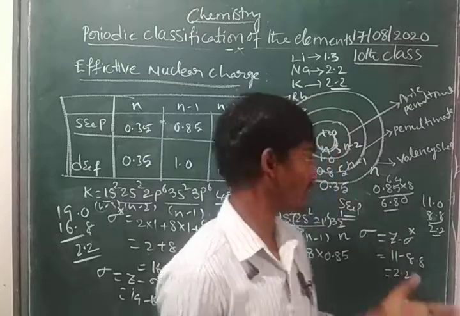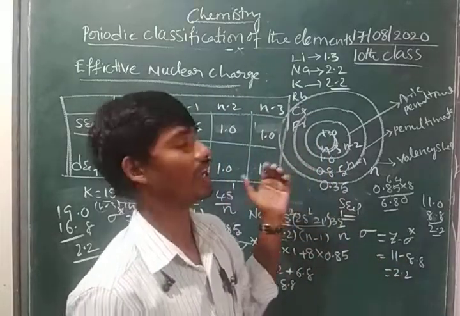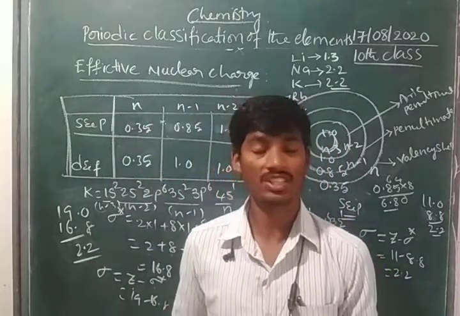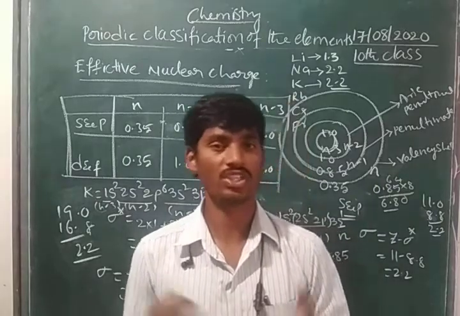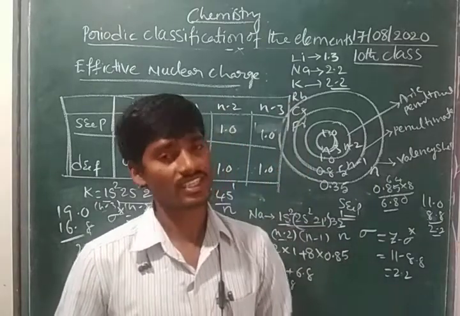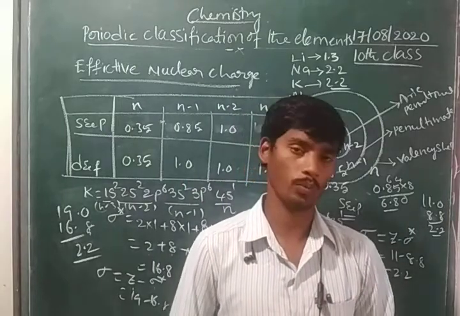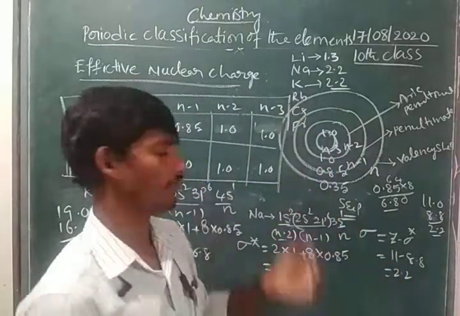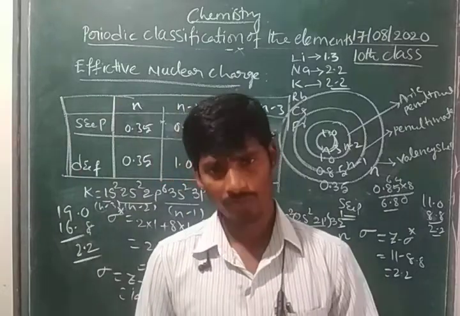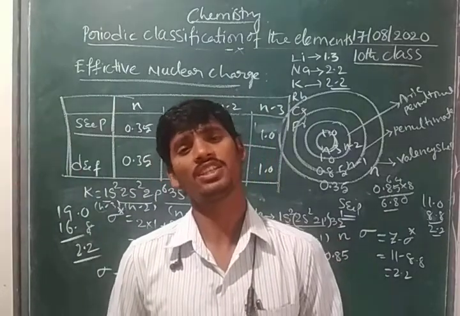So like this, based on Slater's rule, we find the effective nuclear charge of a particular element, right children? You should try some examples at home using these values.